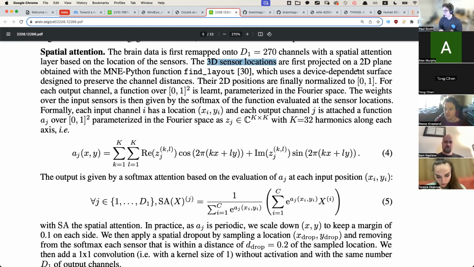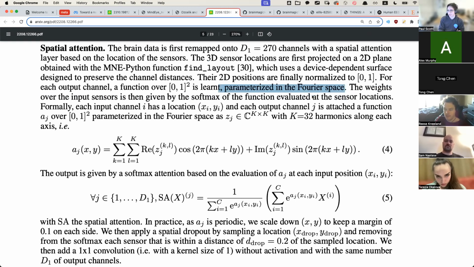So they basically have XY coordinates per channel. And then they parameterize that in Fourier space. And essentially they're weighting the inputs of every channel by this learned function that's dependent on the spatial position of the channels.